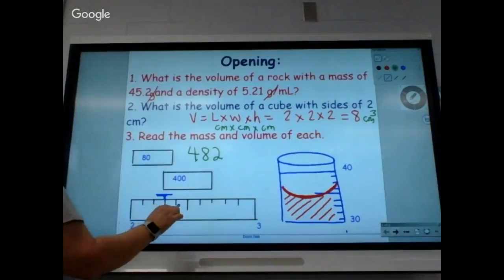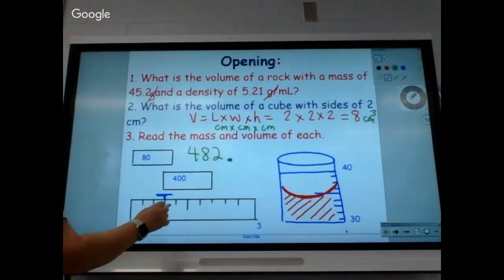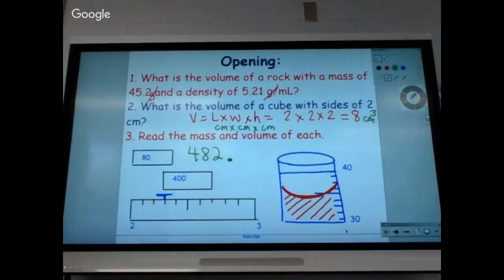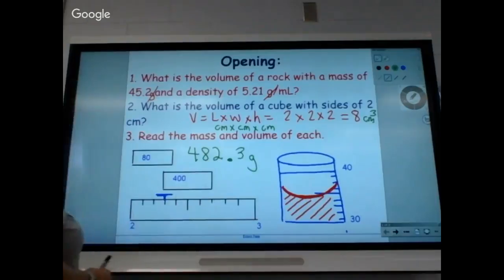These lines are the decimal. So point, how many of these lines do you see is the decimal. So how many do you see? Point how many? 3. 0.3. And then you can put your gram behind it. Some of you put milliliters on that yesterday. I didn't take off if you messed up your unit, though.